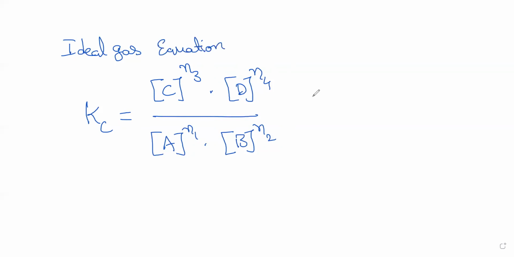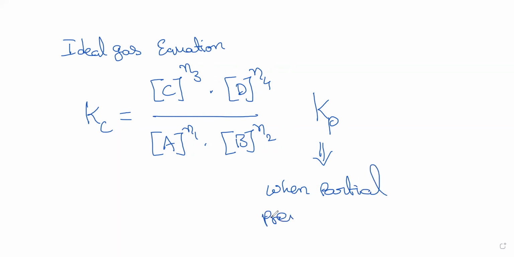And we have next equilibrium constant is Kp. Kp is the equilibrium constant when partial pressures are considered. So how do we write Kp?